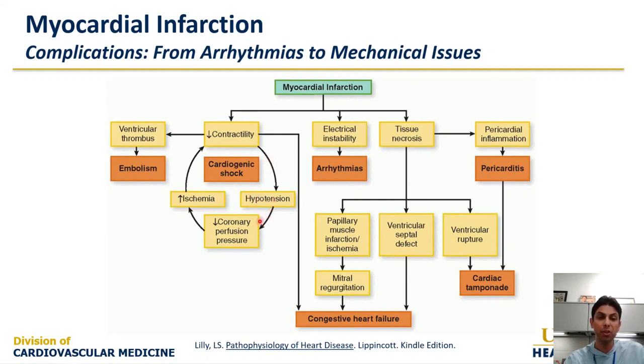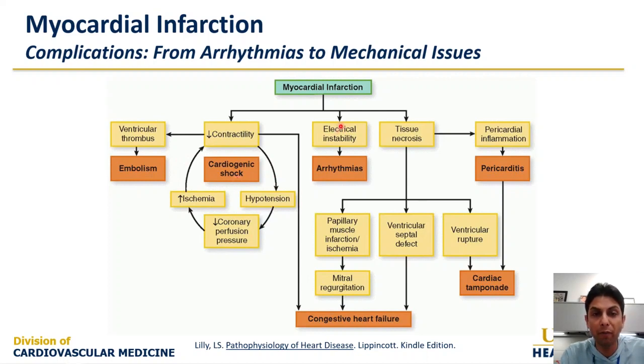And with the hypotension, there's going to be a decrease in coronary perfusion pressure. We said that's diastolic pressure. And that's going to increase myocardial ischemia. And in the setting of myocardial infarction, increased myocardial ischemia is going to cause more contractile dysfunction. And it's going to cause this vicious cycle where patients can develop what's called cardiogenic shock, which we'll talk about more later in this course.